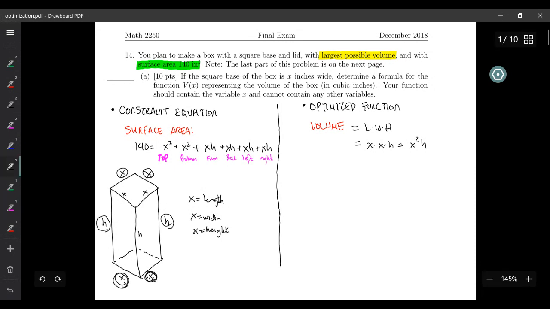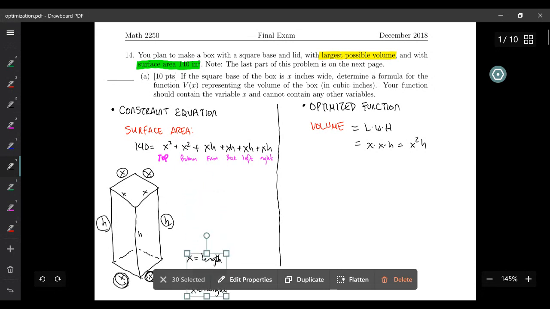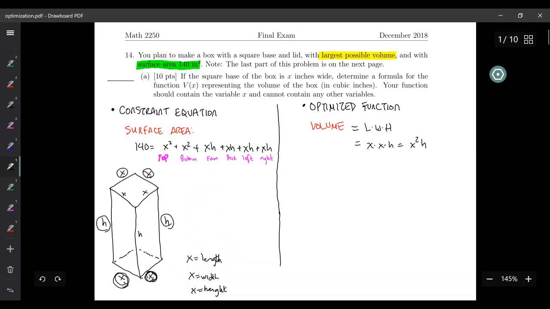So if you put them all together and combine your like terms, you get 140 equals 2x squared plus 4xh. Okay, so this is just playing around with these two pieces. Ultimately, I want to be working with the volume, and it says your function should contain the variable x and no other variables.